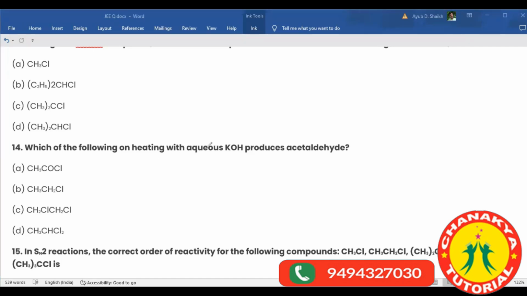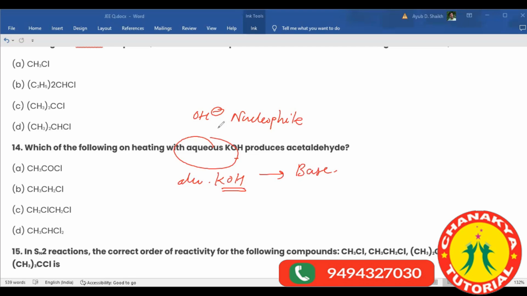When KOH is in the aqueous state, the OH group will act as a nucleophile. And when there is alcoholic KOH instead, this OH group will act as a base. The nucleophile will attack the electrophile or carbocation, or in SN2, it will directly attack the substrate. But when it is in the basic form, it will abstract the beta hydrogen next to your functional group.